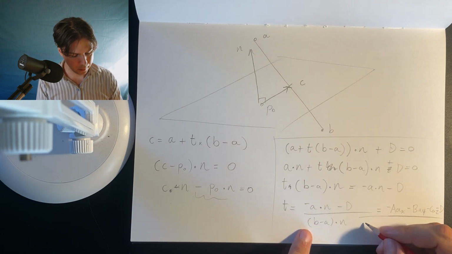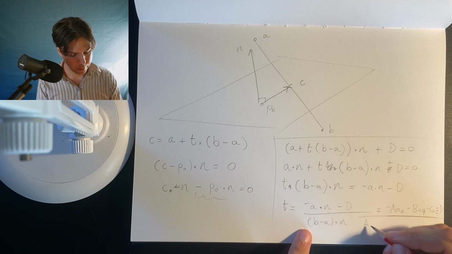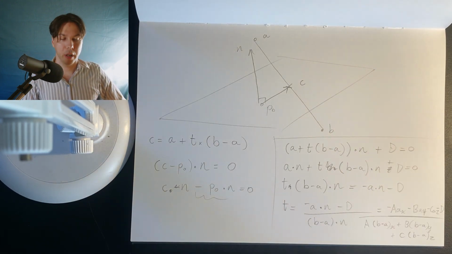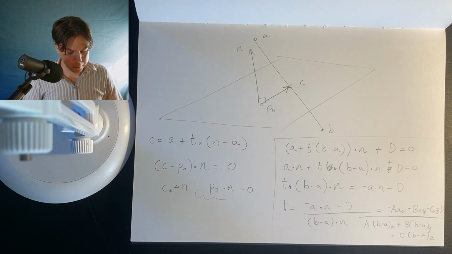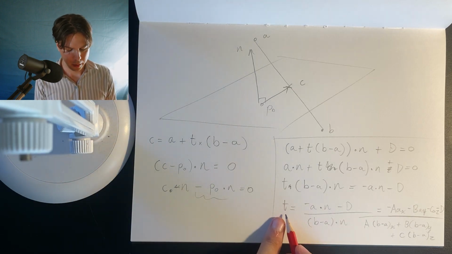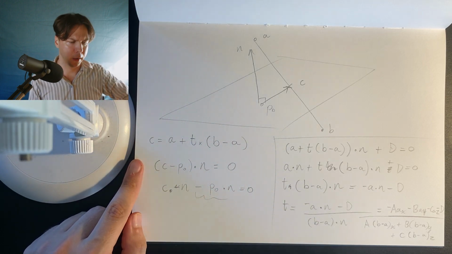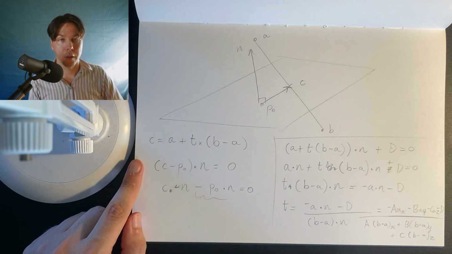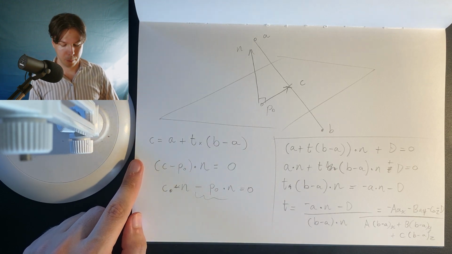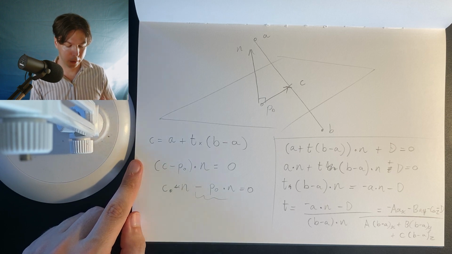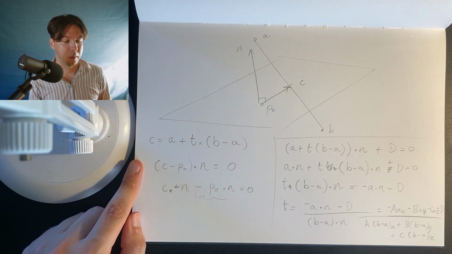And then divide by the x component of the normal, which is A. Something like that. Now I could take this value for t and sub it back in to get an expression for c, but when I go in and code this, I'm going to just return the parameter t because I want to use that as an interpolation coefficient so that I can interpolate other attributes later on.